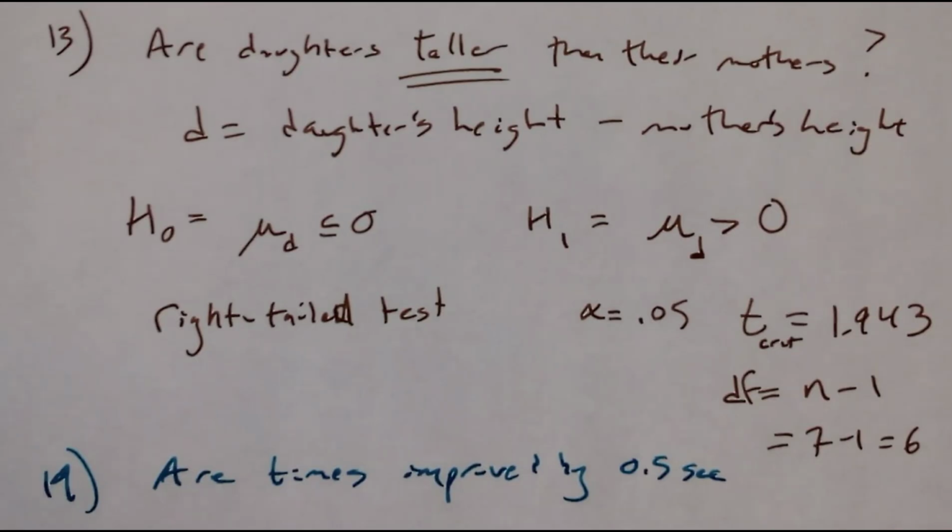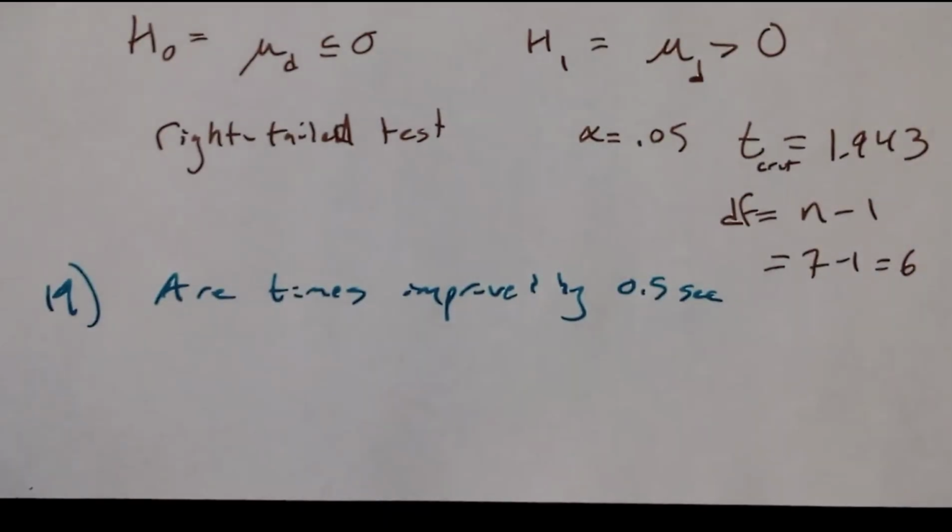Now it's important to figure out which way I'm doing the difference, because it says the data is faster than the seed time.